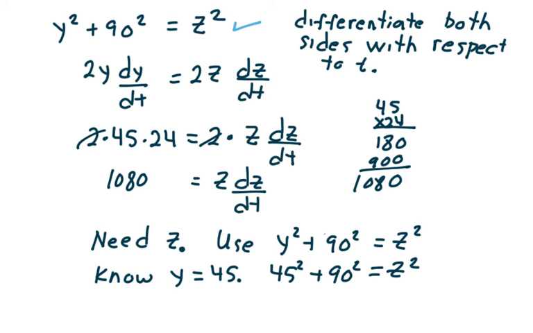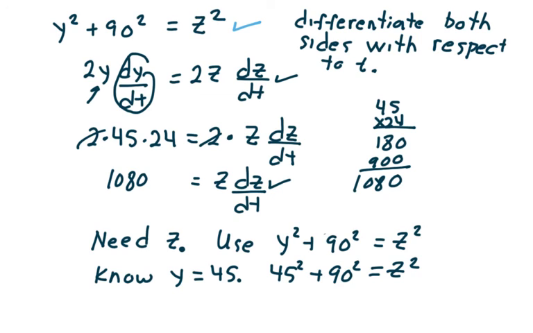And so 2y dy/dt is equal to 2z dz/dt. The 2's cancel, so 1080. So again, I'm replacing y with 45 and dy/dt with 24. So 1080 is z dz/dt. And so you can see I'm old school here. I figured out 1080 the old way.